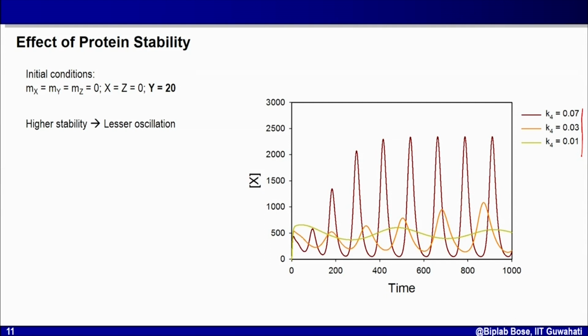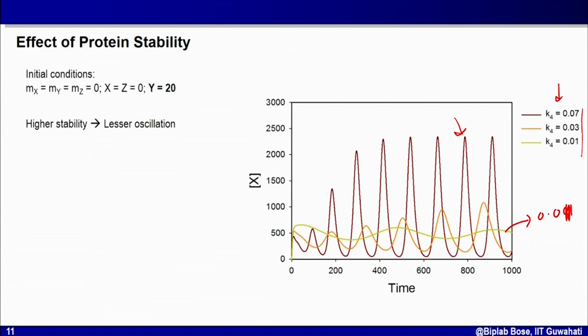So if you decrease the value of K4 and do the same simulation, you will see when K4 is 0.07, I get this limit cycle oscillation. But when K4 is reduced to 0.01, that means you have decreased the rate constant for degradation of the protein.